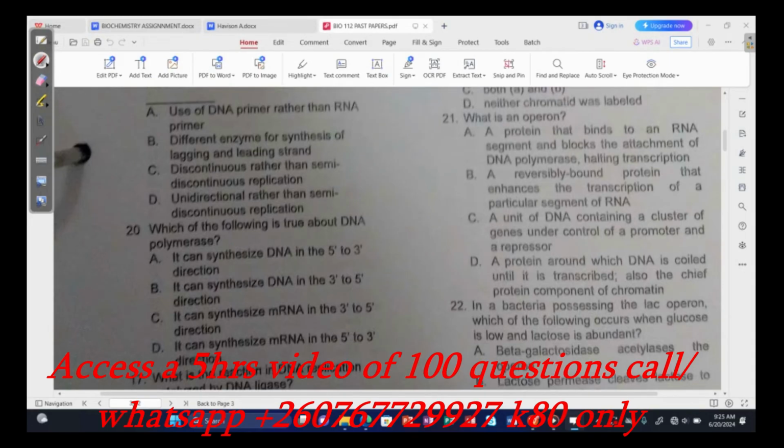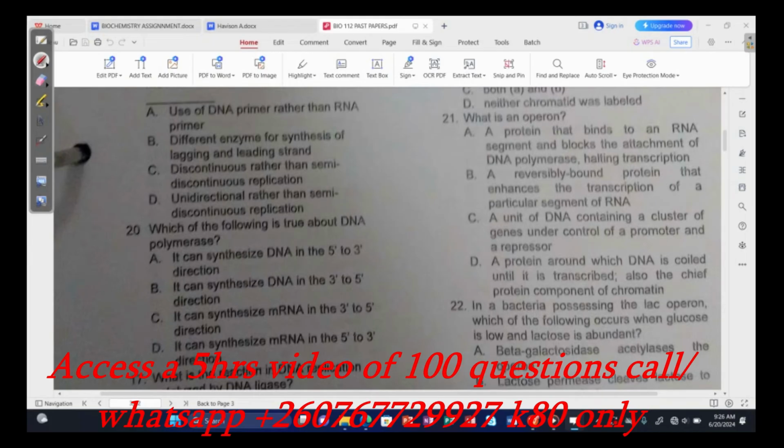So A is saying a protein that binds to an RNA segment and blocks the attachment of RNA or DNA polymerase, halting transcription. So this does not define an operon. B is saying a reversibly bound protein that enhances the transcription of a particular segment of RNA. So disqualified. This doesn't define an operon.